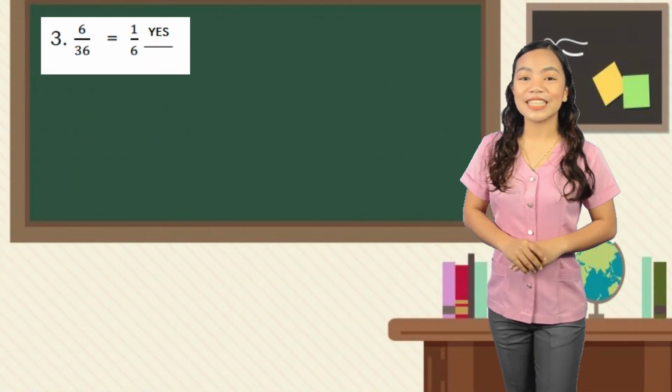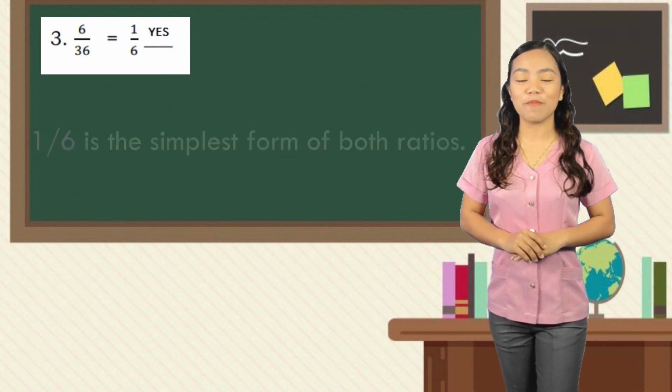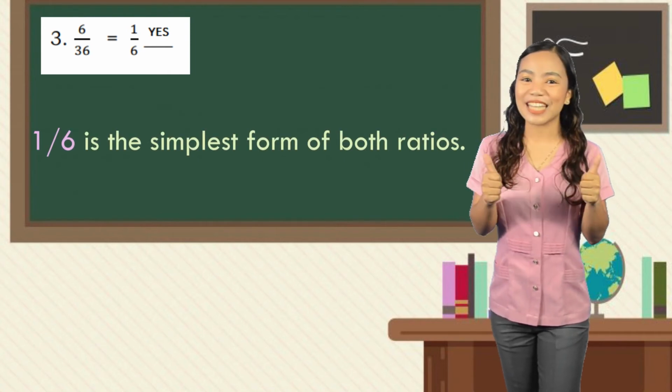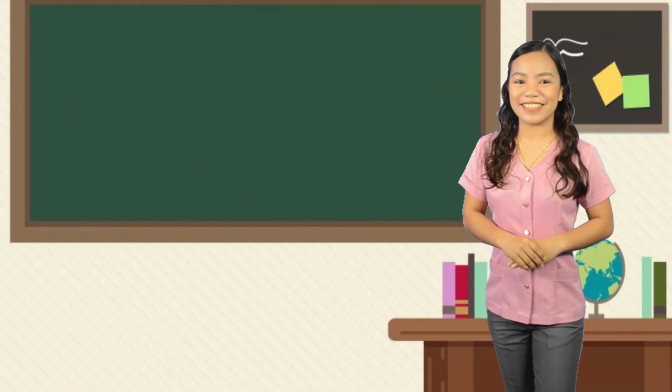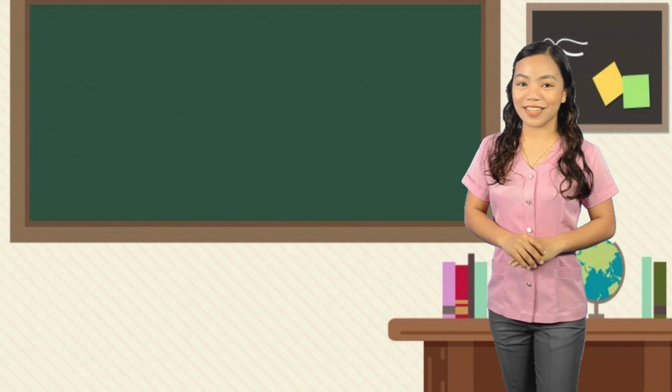The answer is yes, equivalent. 1 over 6 is the simplest form of both ratios. You did a fantastic job, kids! Let us proceed to the next part.